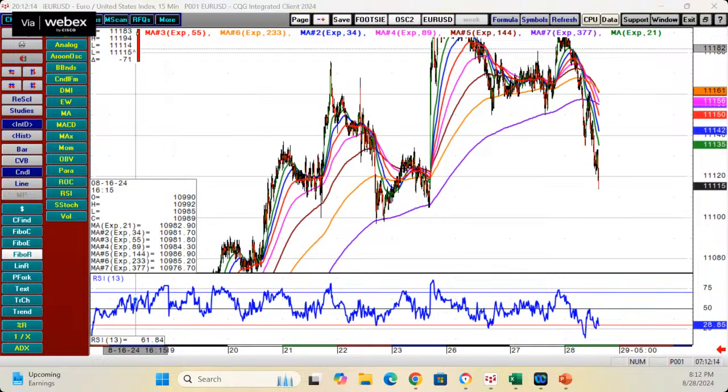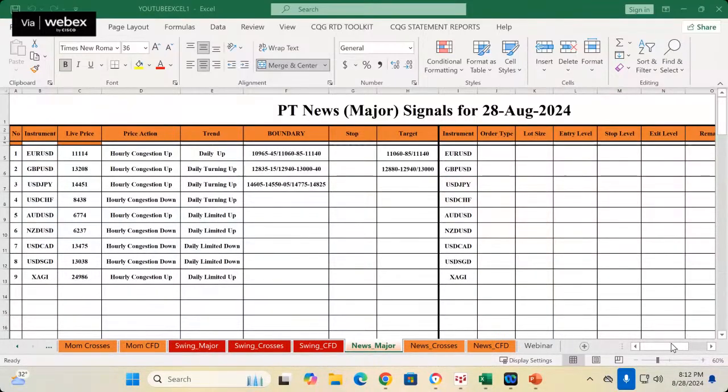Maybe what I'll do is go to the spreadsheet, so at least you can also do that. Let me change the screen. This is not news trading.